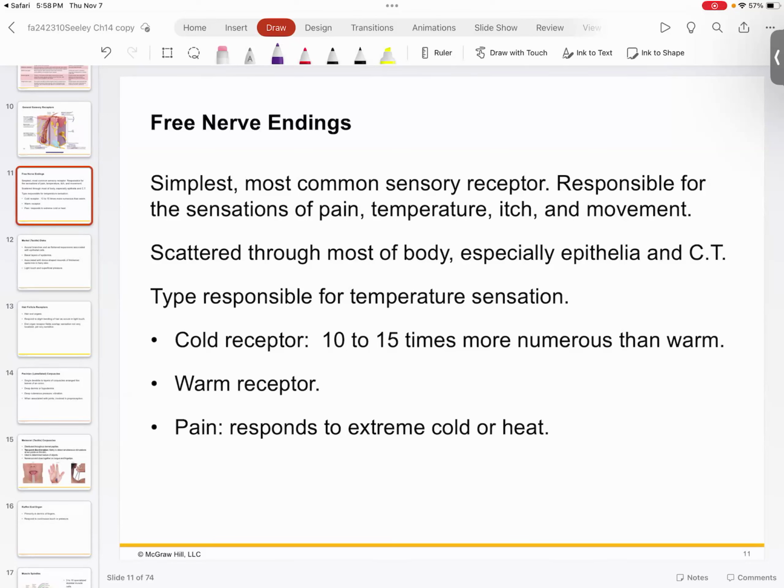So let's take a look at some of these structures. The nerve endings. These are the easiest ones, right? Because they're just basically offshoots of the nerves. All you have to do is shoot off the ends of the nerves. And this is a really, really common receptor because it's super cheap and easy to make.